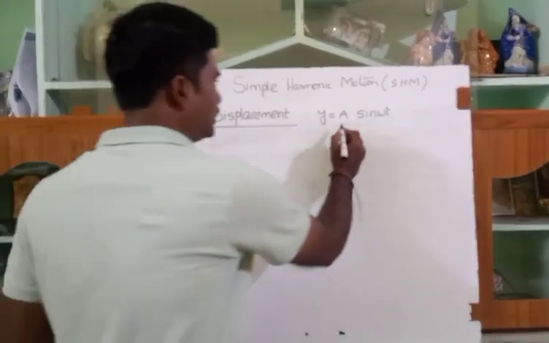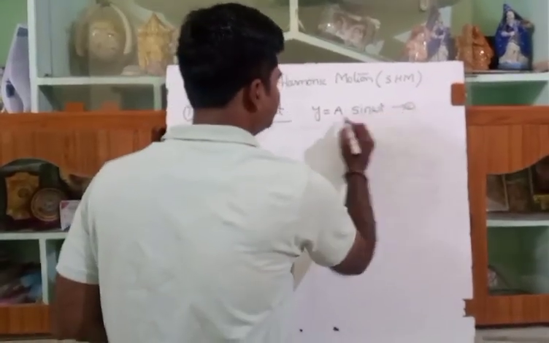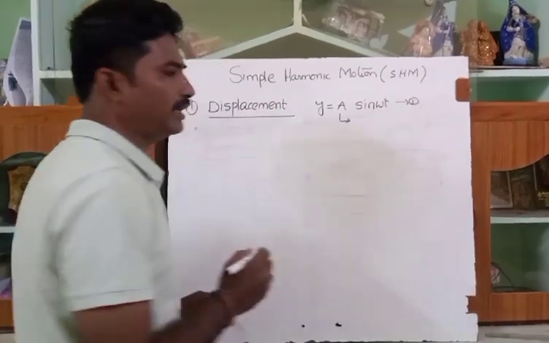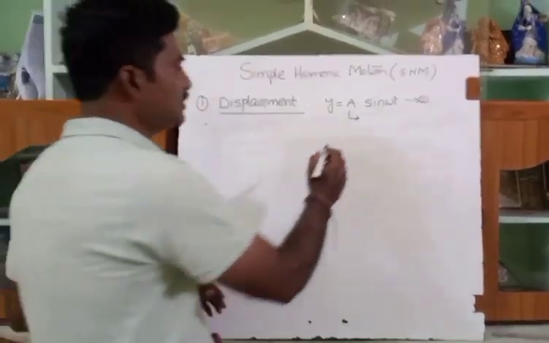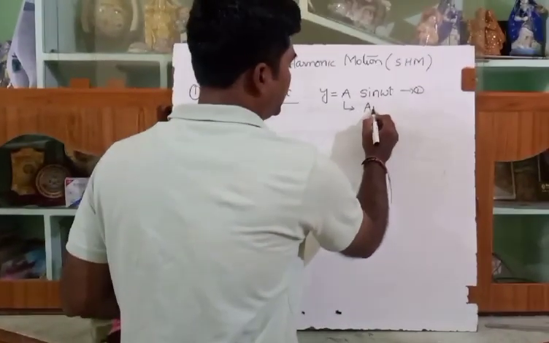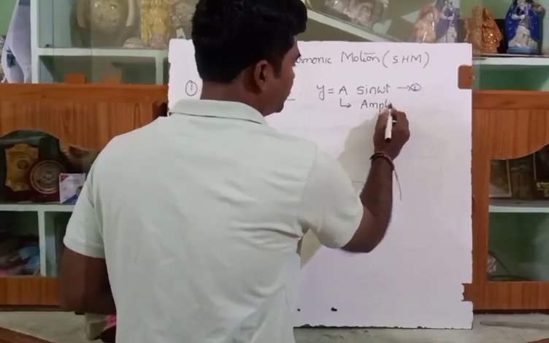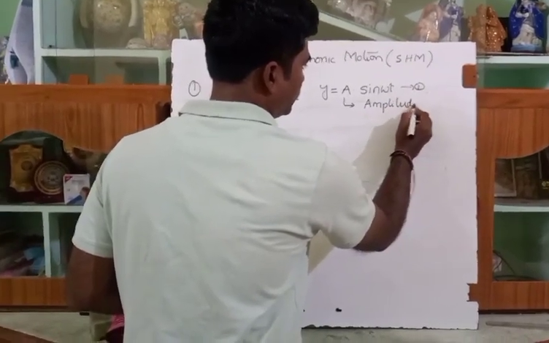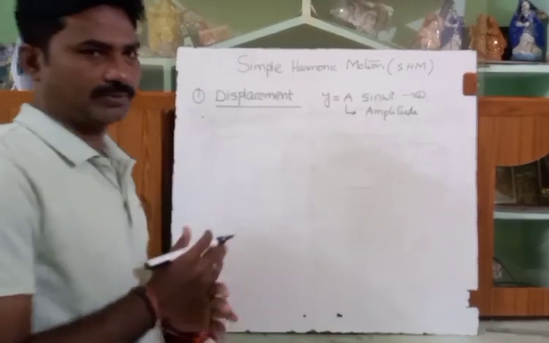Now in this equation we have a term called A. What is A? A is amplitude. What is amplitude?